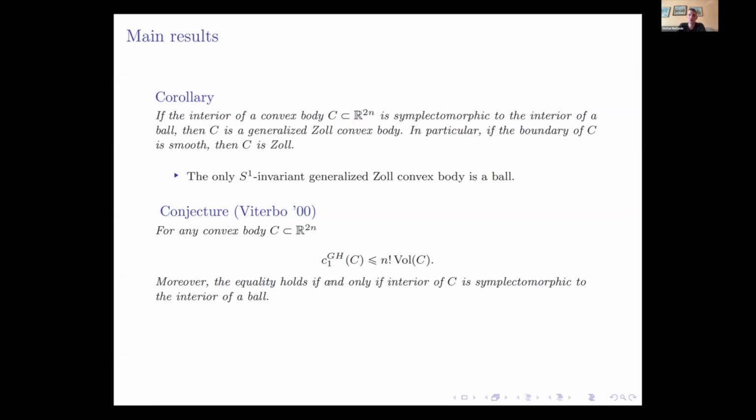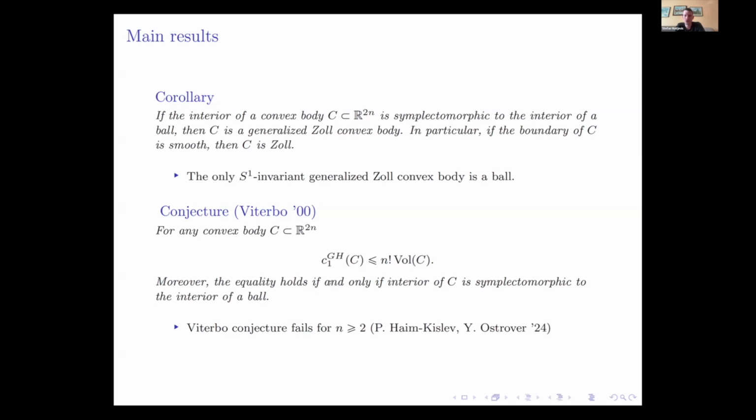Now, this first Gutt-Hutchings capacity in a convex case is basically the action of a systole, and we know that the Viterbo conjecture actually fails in general, in a class of non-symmetric Lagrangian products, but still stays sort of open as a conjecture in a centrally symmetric case.